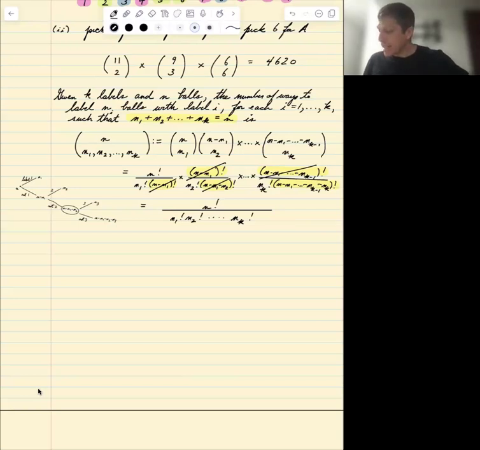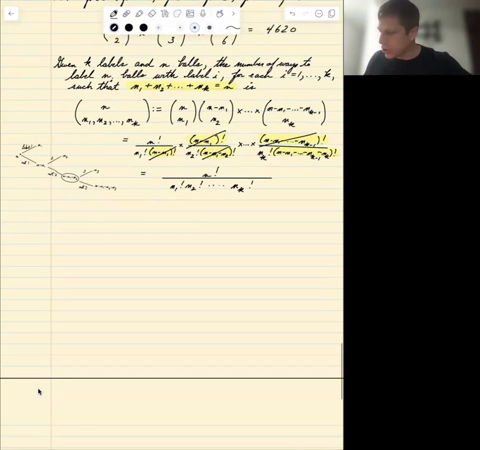And what you can see is that this is commutative. This does not depend on the ordering of the n sub i's. If I were to write n choose n sub k, down to n1, as long as the values are the same, the product in this denominator is going to be the same because you can multiply things in any order you want, okay?